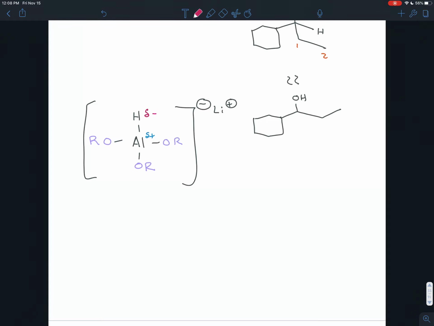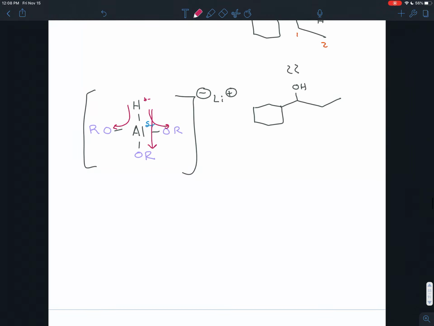So these oxygens don't just pull electron density from the aluminum, they also pull some electron density from the hydrogen. And as the electron density moves away from the hydrogen, the negative charge on the hydrogen becomes smaller. And so it becomes a weaker nucleophile.